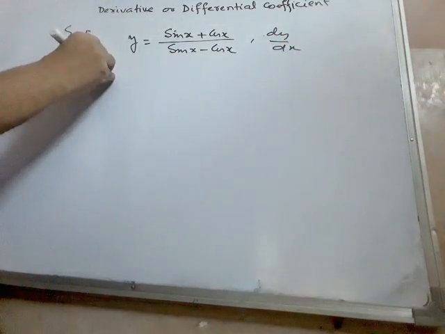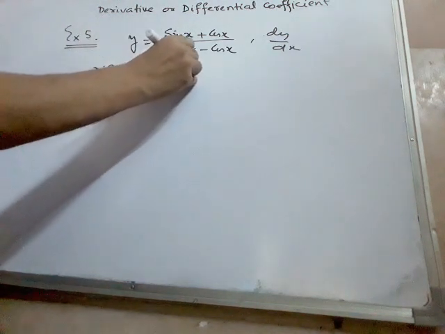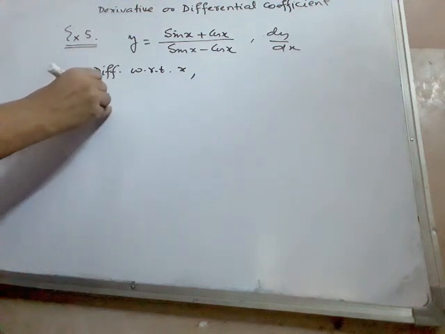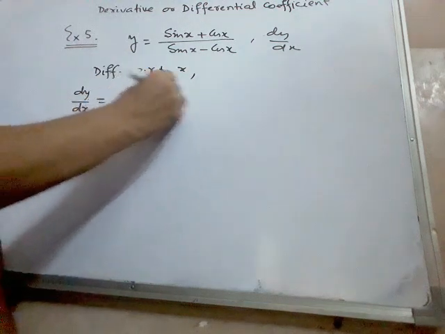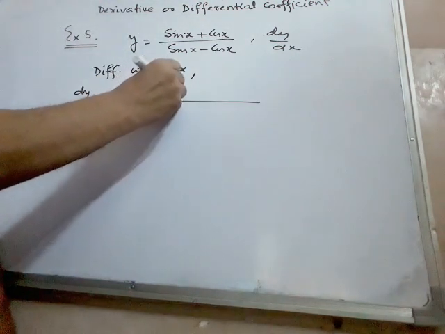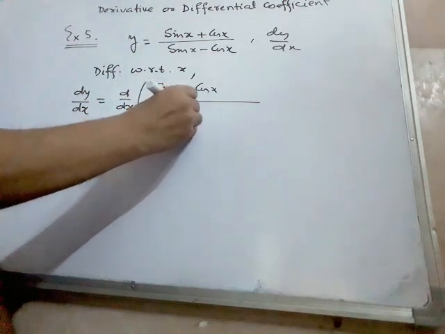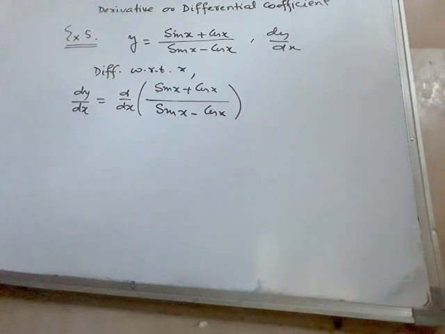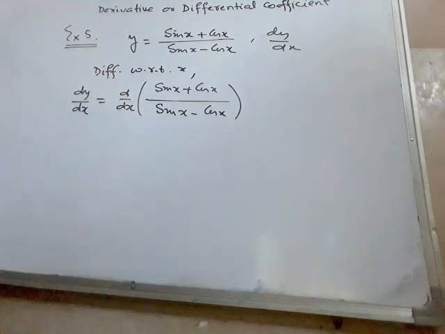So here also, differentiating with respect to x, we have dy by dx equal to d/dx of (sin x plus cos x) by (sin x minus cos x). So what type of function is it? It is a quotient, so the quotient formula will be applicable, as the two functions are in divided form.